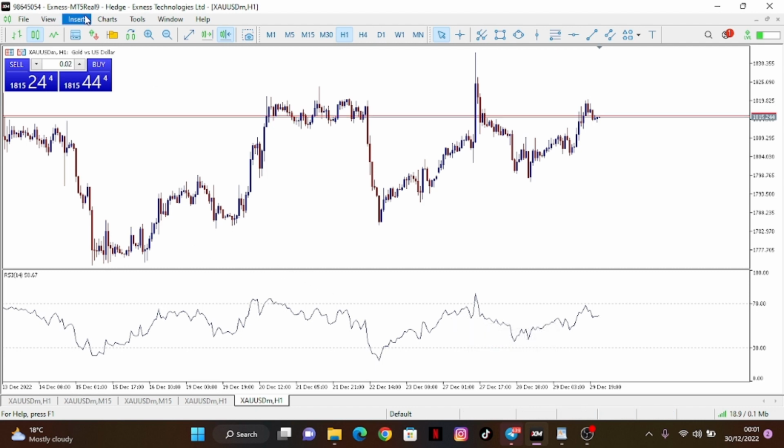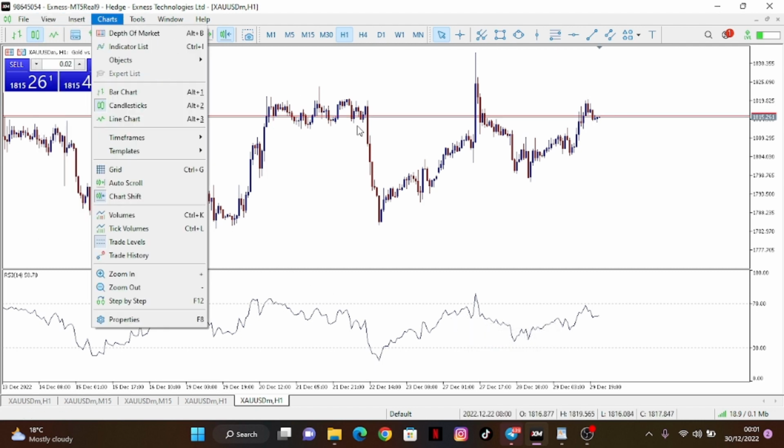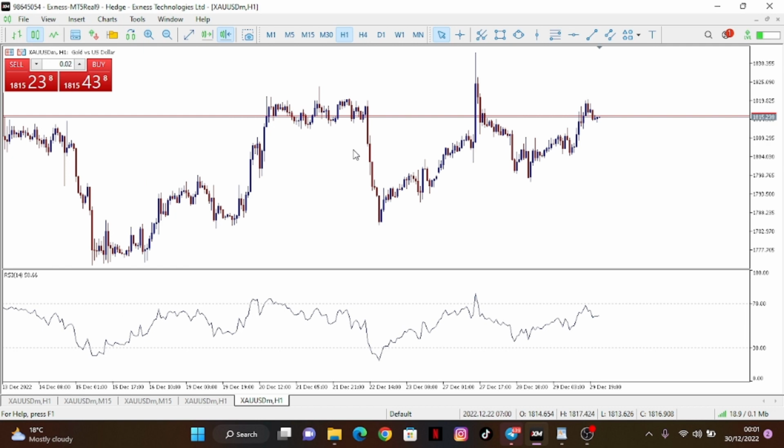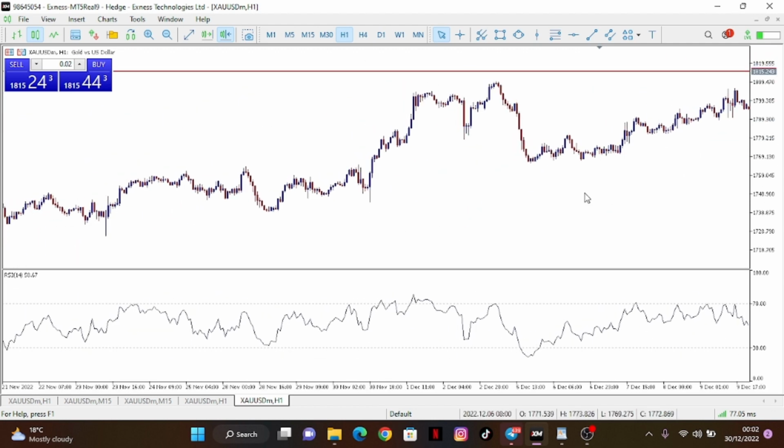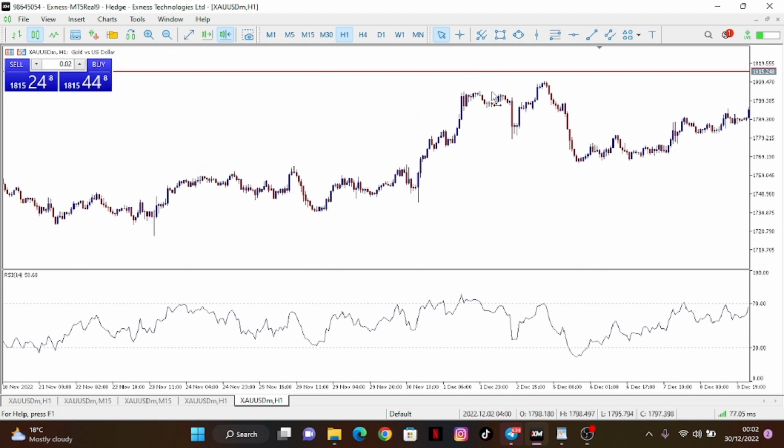Okay, first of all, I'll not insert the stochastic. What you need to understand before we insert the stochastic is that we need to spot divergence first of all. Let's spot divergence in gold. First of all, what do we look at?